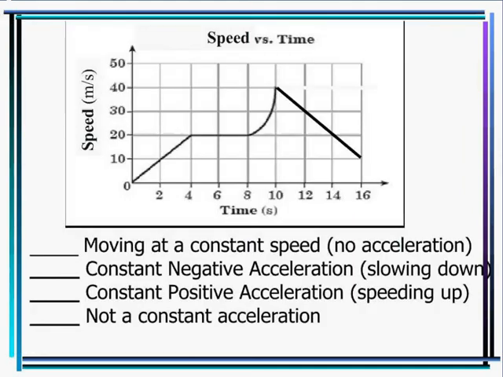So let's look at a graph that you will have to analyze. I'm trying to figure out which one is moving at a constant speed and has no acceleration. So if you'll please copy in a basic drawing of the speed versus time graph. Do your x-axis and just write time.